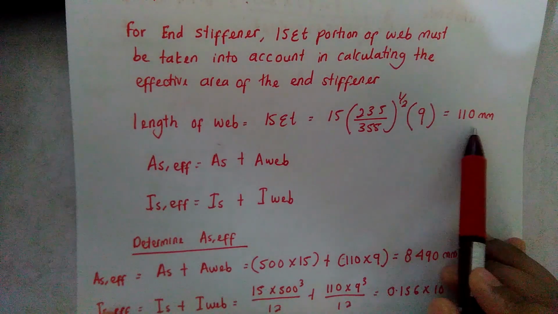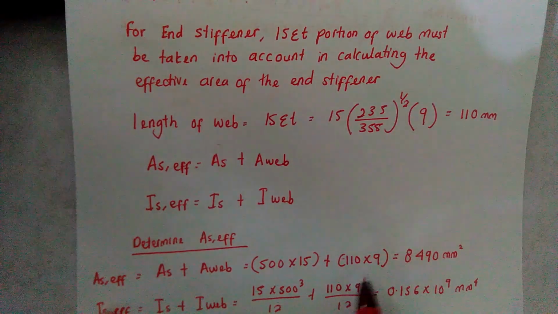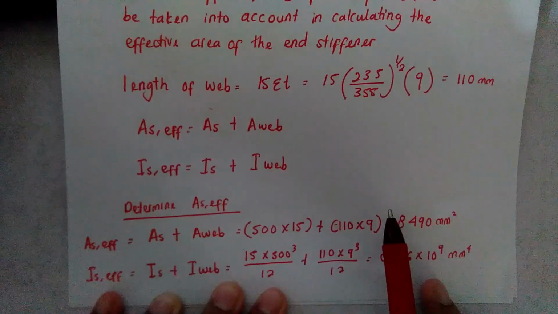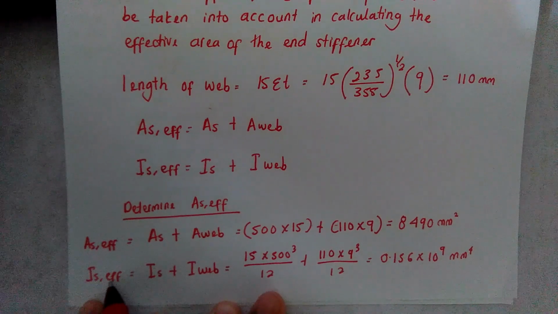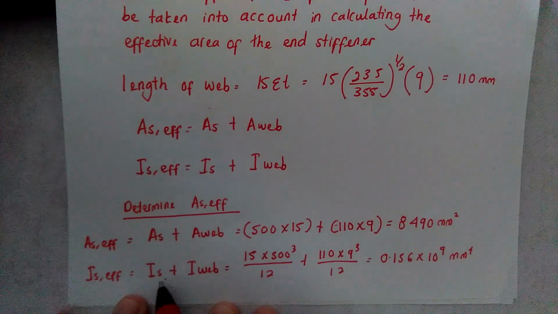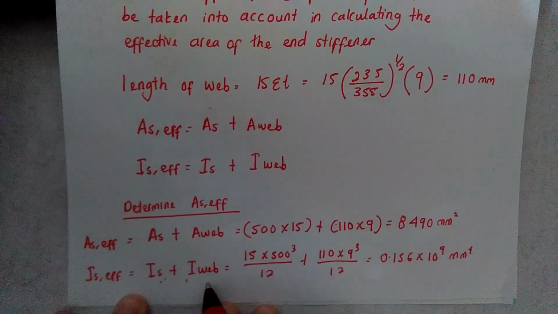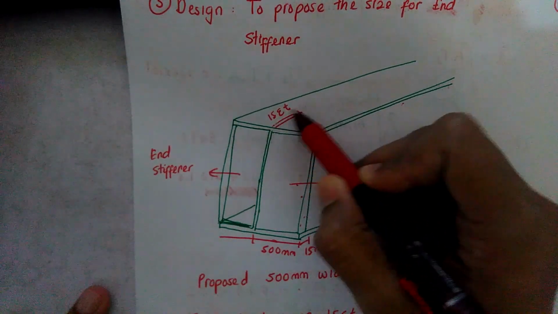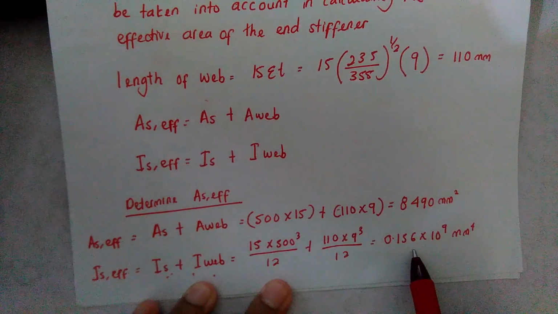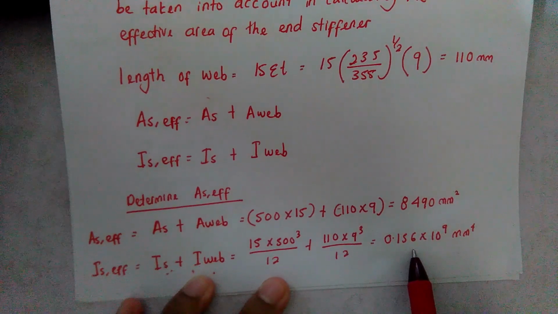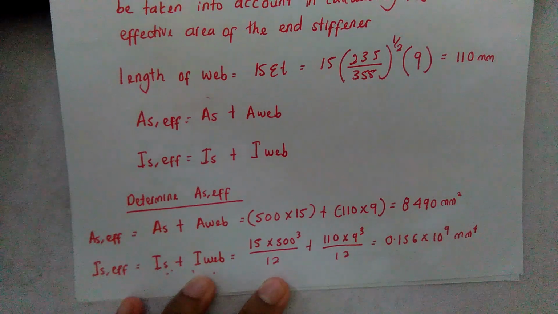Because the length of the web is 110 and 9 is the thickness of the web. So you get 8490. And the effective second moment of area is calculated by having the second moment of area of the stiffener plus a portion of the web. A portion of the web again, I remind you, is something we need to consider when we design the end stiffener. So then finally you get 0.156 times 10 to the power of 9 millimeter to the power of 4.